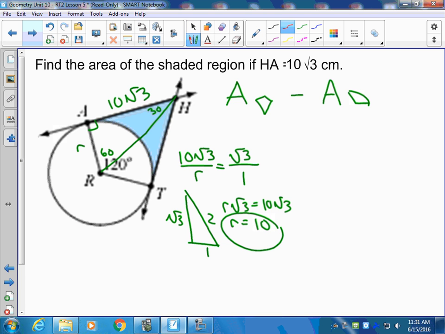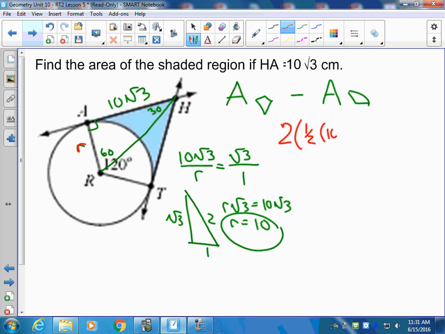So now, we have the radius value, which is important because that's also the height of one of our triangles that makes up our kite. So for our kite, it's 2 times the single triangle. So we can see the 2 times 1/2 is going to cancel each other out.